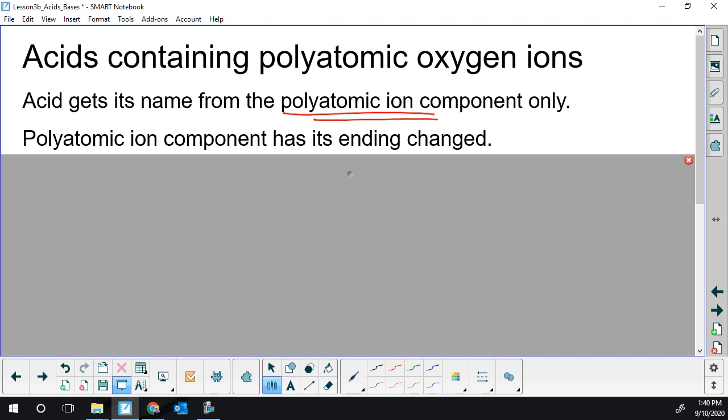We're going to lose that hydro in front. And that's the big difference, and the first thing a student should notice if you're looking at a name. If it says hydrochloric, it's H and a Cl. If it just says chloric acid, you know it came from a polyatomic. Okay? No hydro in front. Go look at your polyatomic sheet to figure out what it is, what it came from.